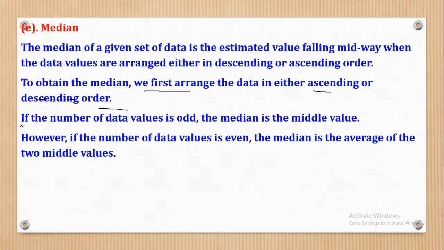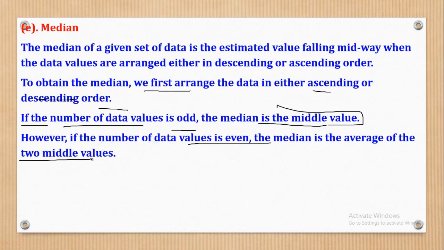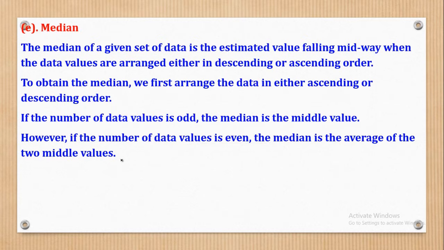After that, if the number of data values is odd, the median will be the middle value, as we shall see in the worked examples. But if the number of data values is even, the median will be the average of the two middle values after arranging in ascending or descending order.